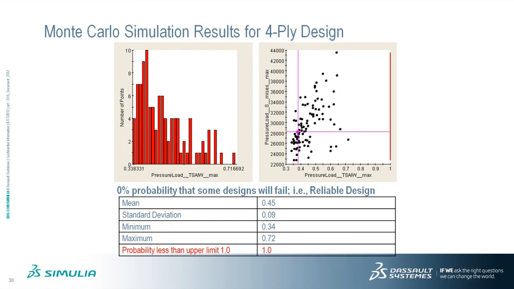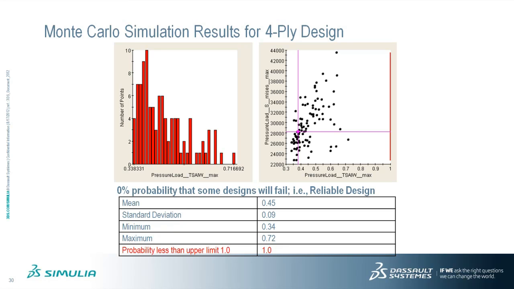Let's take a look at our 4-ply design. Again, this is our optimized 4-ply design. It had an initial SIWU failure index of 0.4, which was passing. And again, we can see that with the purple dot and the purple lines there. When we introduced the same amount of variation, the same plus or minus 10% in ply angle, in material properties, and in ply thickness, we now have a mean of 0.45 for the SIWU, a standard deviation of 0.09, which means our minimum SIWU is 0.34 and our maximum is 0.72.